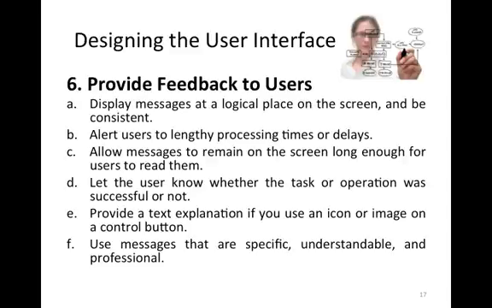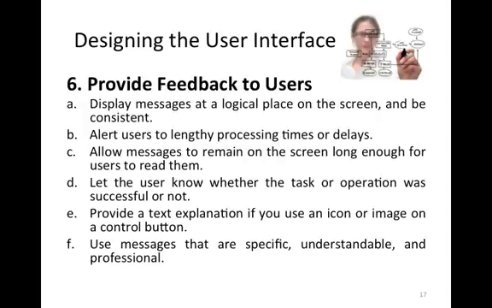We want to provide easy feedback to users. So we want display messages to be logical, so error messages close to where the error occurred. We want to alert users to processing time. So we want to have not just, if you have a Mac, the little spinning color circle, that's a systems problem, but we want to be able to say, like Orbitz does when you go and do the search, searching all the airline sites, this will take a minute.